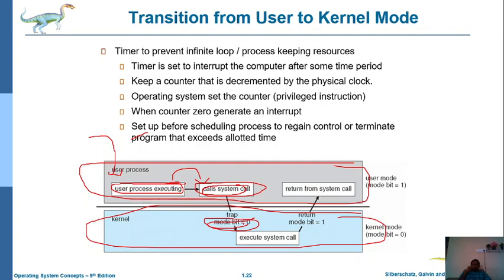If it is not running any process, the mode bit value is 0. So the kernel is either busy or idle: if busy, then 1; if idle, then 0. The system call waits until the system is idle, and once it is idle, it immediately transfers the process execution to the kernel mode.